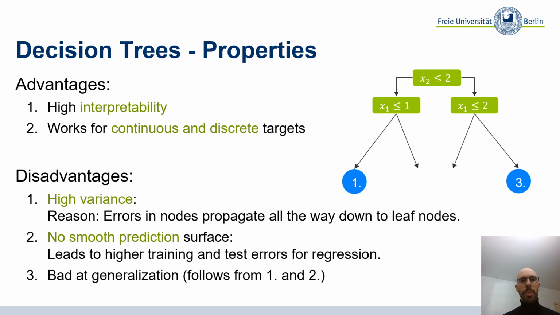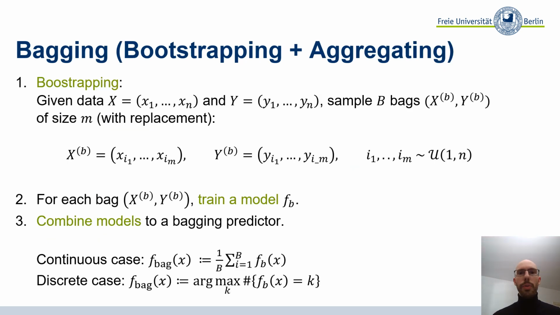But these two properties combined make for a worse generalization of a decision tree, and particularly of regression trees. Since we want to use the nice features of decision trees, we need to do something about the disadvantages. And this is where finally our ensemble methods come into play.